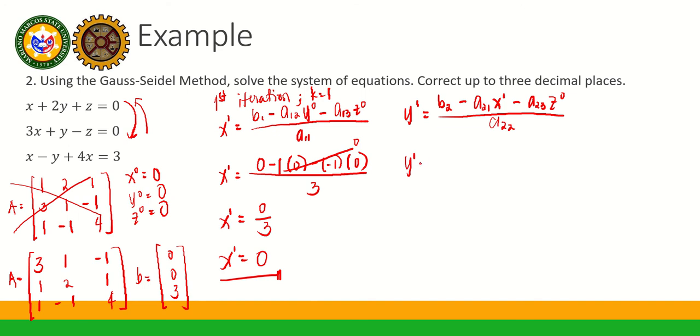So, what is b sub 2? That is equal to 0, minus a21, that is equal to 1, times x sub 1, which is equal to 0, minus a23, that is equal to 1 times z sub 0, that is equal to 0.